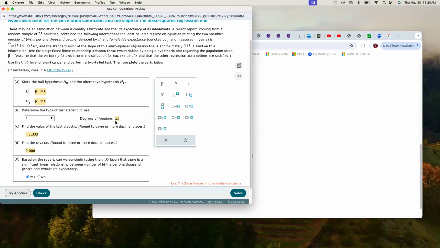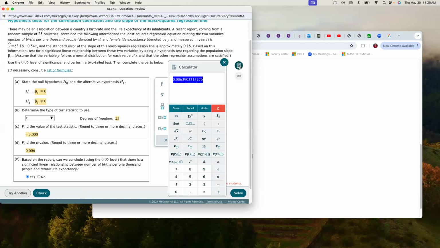Now, we also have to compute the t-statistic. And again, that is done, and I addressed this in the video, by taking the value or the estimate of beta, which in this case is negative 0.54, and dividing it by the standard error, which they give you. Okay, so it's a pretty simple calculation here.